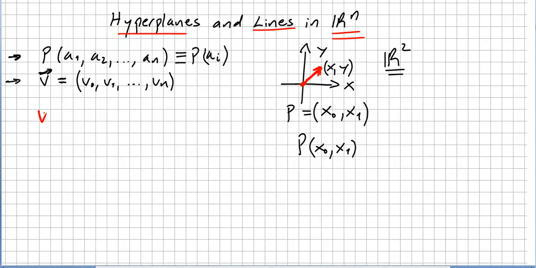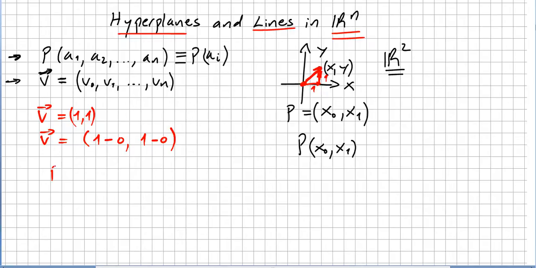So for instance, if this is vector 1, 1, so 1 to the right and 1 up, we are considering from the origin. At the end of the day, this is nothing but 1 minus 0, 1 minus 0.